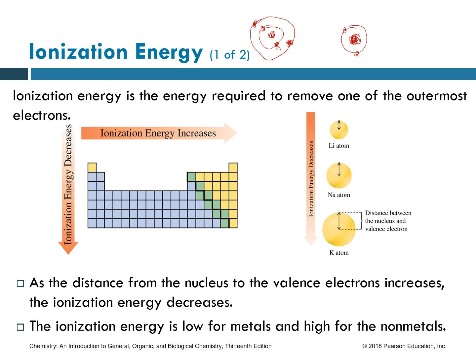If I want to pull the electron from shell number 1, that is attracted more strongly towards the nucleus, so I need more energy. That is why the ionization energy trend is exactly opposite of size. As the size increases, ionization energy decreases. Therefore ionization energy decreases as we go down in the group, and it increases as we go across the period. So this is the opposite of atomic size.